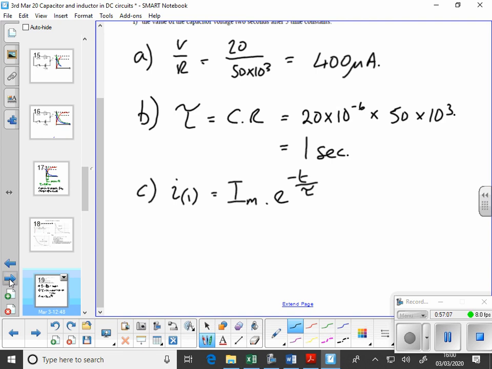Our current was 400 times 10 to the minus 6. We'll multiply that by e to the power of minus 1 over 1. We're finding out what current we've got flowing after 1 time constant.